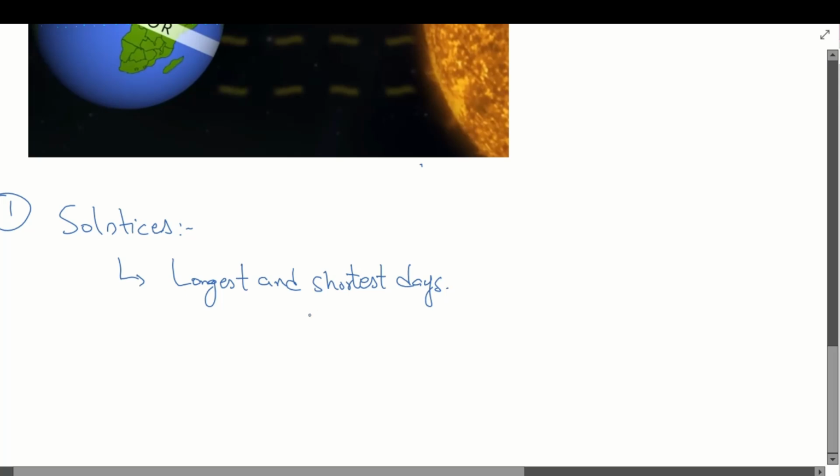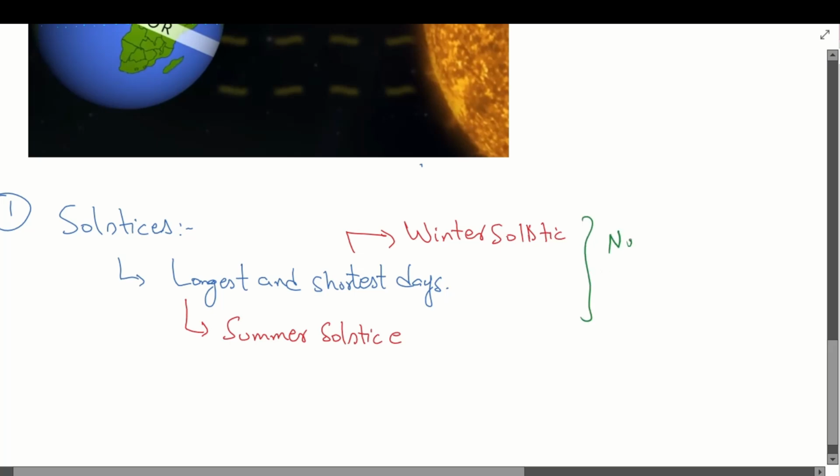The longest day we refer to as the summer solstice, and the shortest day we refer to as the winter solstice. But remember, these names are given with respect to the northern hemisphere.